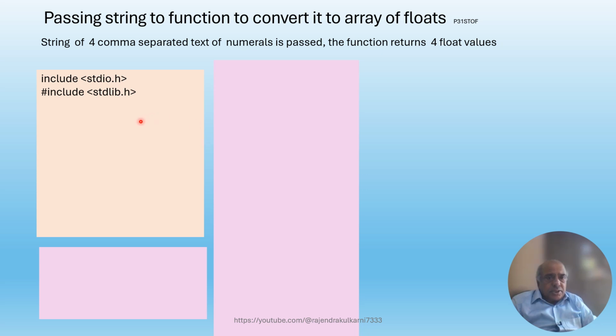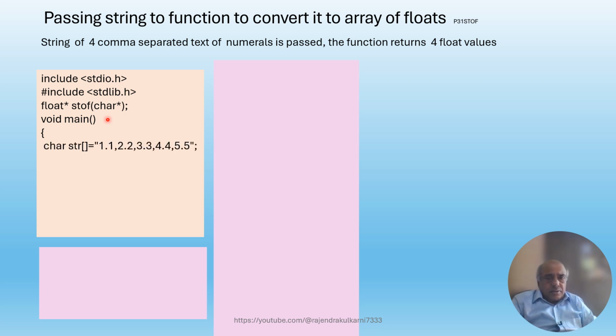We have included the stdlib.h file, which contains the information about the function a2f, which we are going to use in this program. That function converts a string into float. Then we have declared a prototype, float star s2f, with char star in the brackets.